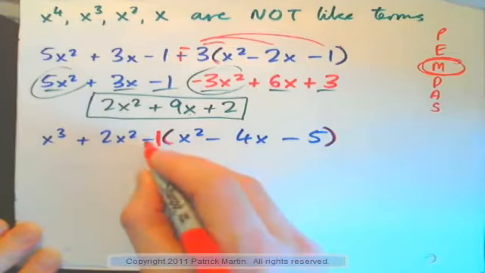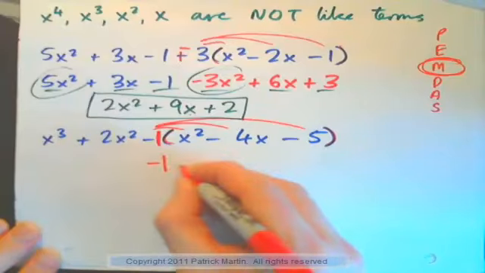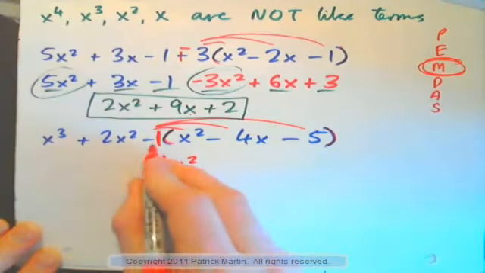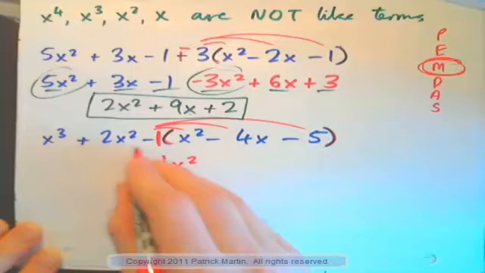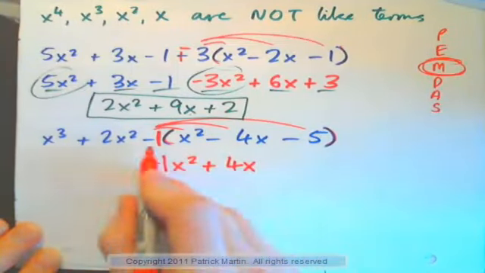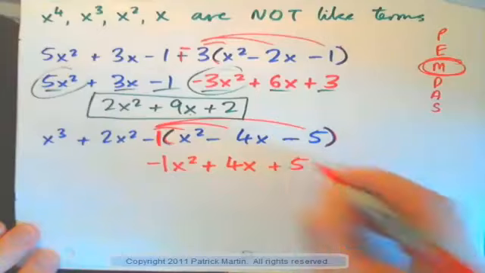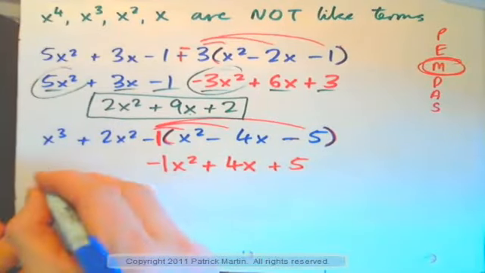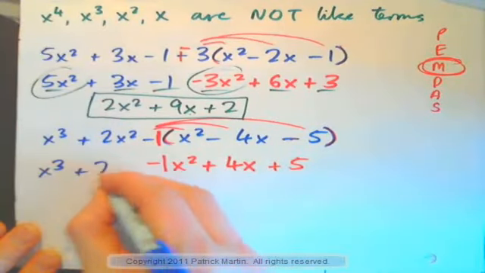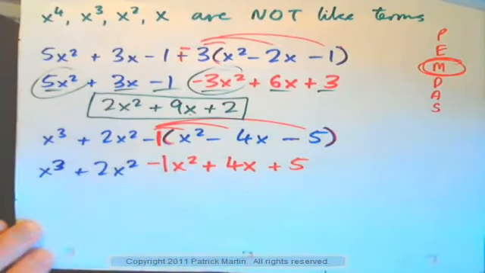And in fact, it's -1, so we can multiply -1 everywhere to get -1x squared. And then -1 times -4x. Negative times negative, positive 4x, right? And what about -1 times -5? Plus 5, right? And then just bring these terms down. X squared plus 2x cubed, x to the power of 3 plus 2x squared.